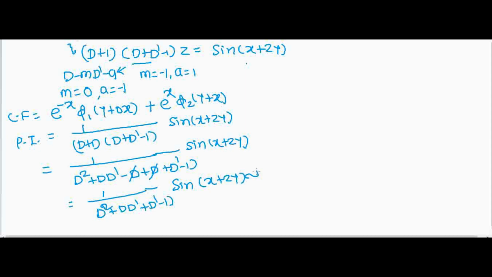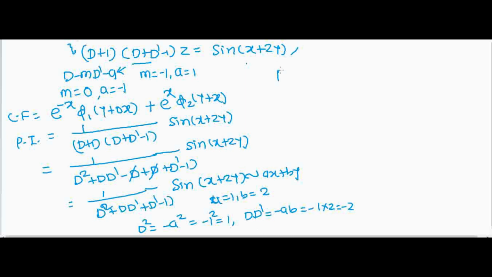If we compare this angle with ax plus by, we have a is equal to 1, b is equal to 2. Then we put D square is equal to minus a square is equal to minus 1 square is equal to minus 1. D into D dash is equal to minus ab is equal to minus 1 into 2 is equal to minus 2. So let us put these values in this particular integral.